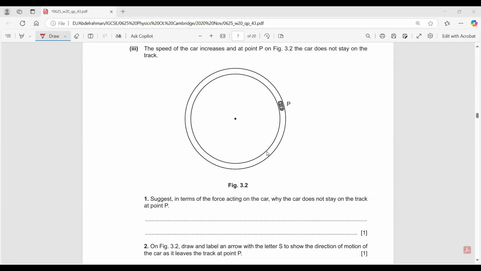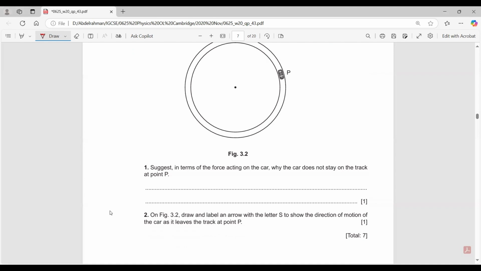The car could slip, or the resultant force is not balanced anymore. The force acting outwards is now larger than the force acting inwards. So the inward force, the centripetal force, is not enough.